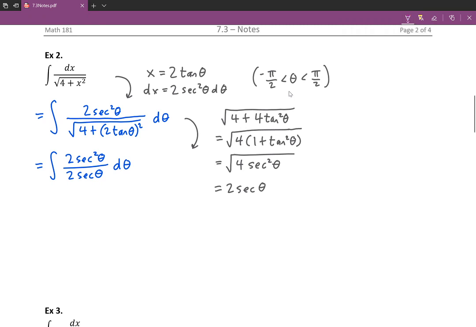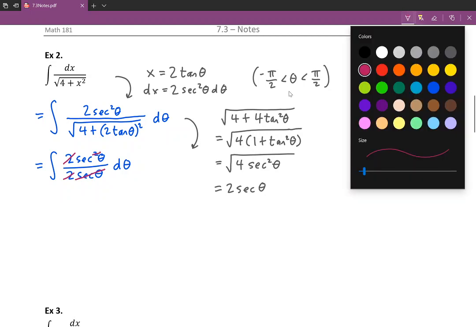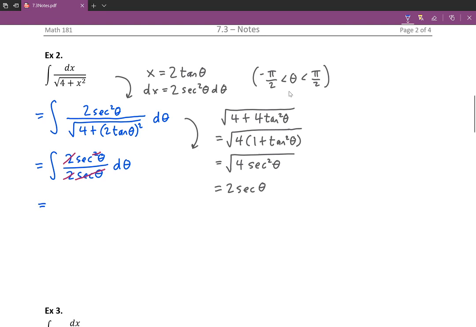I'll break out the red pen, so we got the 2's canceling, we have one of the secants canceling, so we just have one of them left. The integral of secant theta d theta. And the integral of secant theta d theta is one that takes a trick to figure out how to integrate.